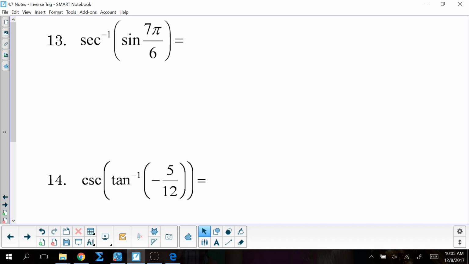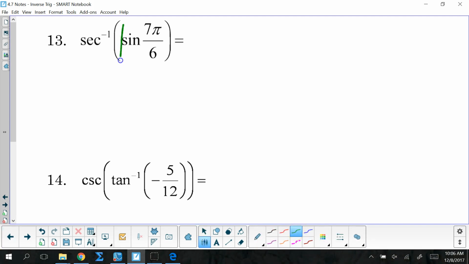Okay. All right. So let's think about this one. What is the sine at 7 pi over 6? Negative half, right? So this really, I'm looking for when the secant is equal to negative 1/2.